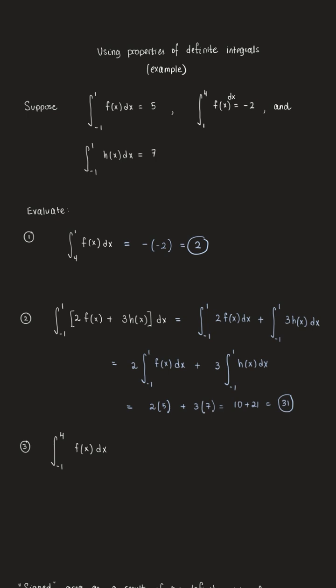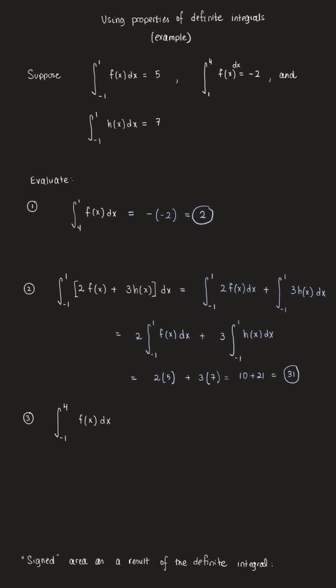And then our last one is an additive property. Notice that we want to find the integral from -1 to 4 of f of x dx. And in the information above, we have the integral from -1 to 1, and then from 1 to 4. So this is that additive property. We can combine these together to get the integral from -1 to 4.